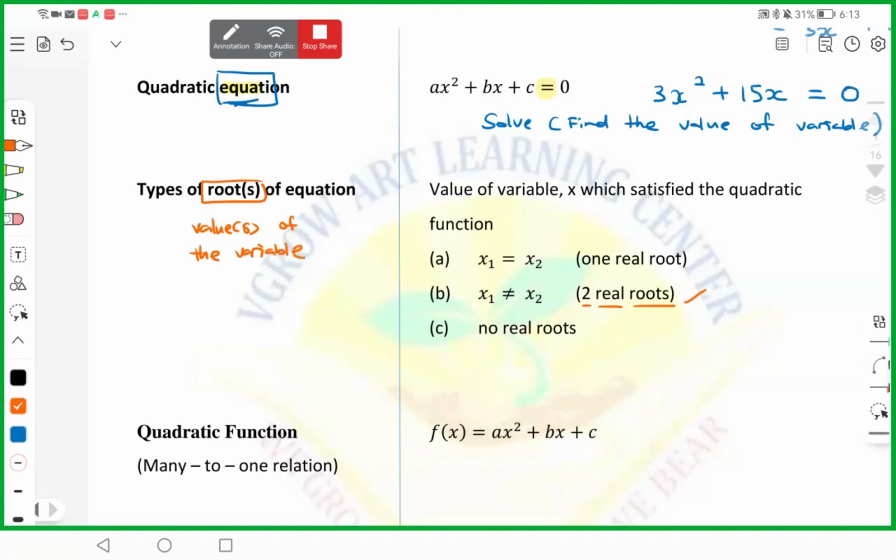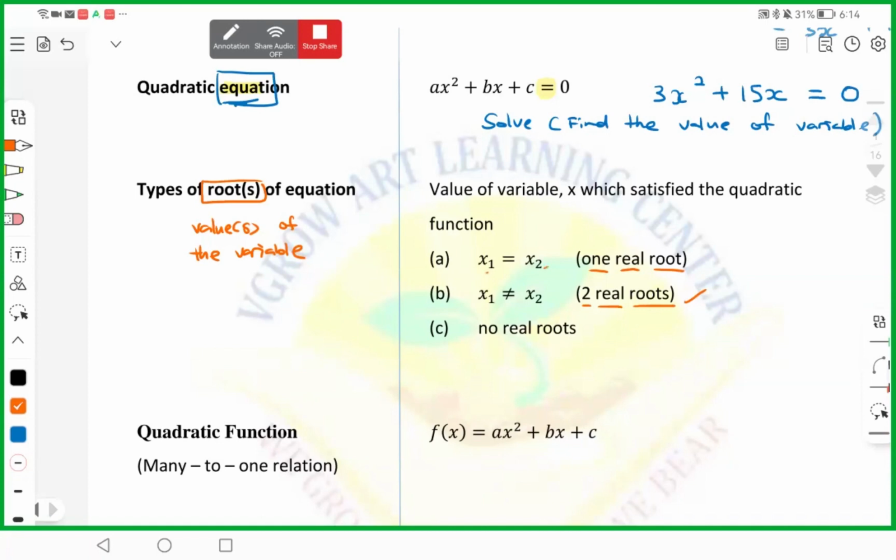So there are a total of three types. The first one is when you key in the calculator and you get only one value of x. So it shows you x equal to 5 only. If you press equal, you can't find x2. In that case, you will only have one value of x, which is one real root. So x1 equal to x2.